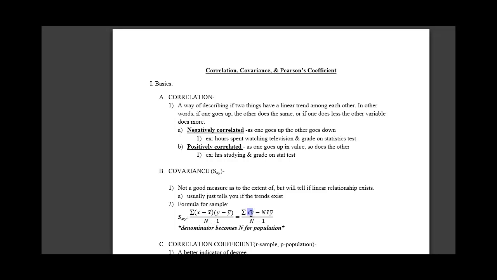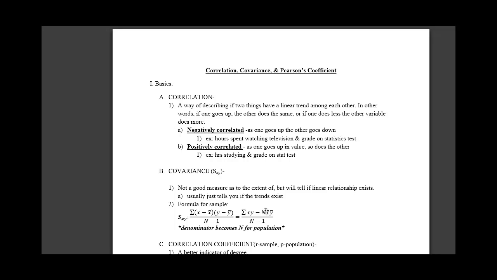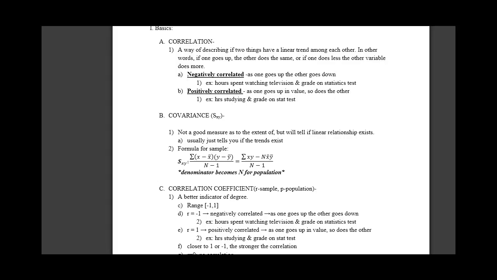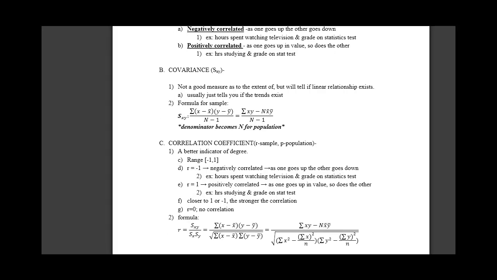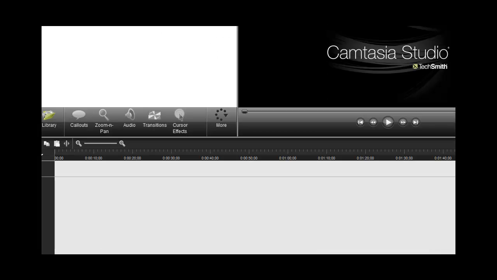This is the shortcut formula over here, and a lot of calculators will spit out the sum of x, y's, and the means, and this one's quick to use if you just enter the data in the calculator. But your test won't allow you to do that, so make sure that you know how to actually show the work.